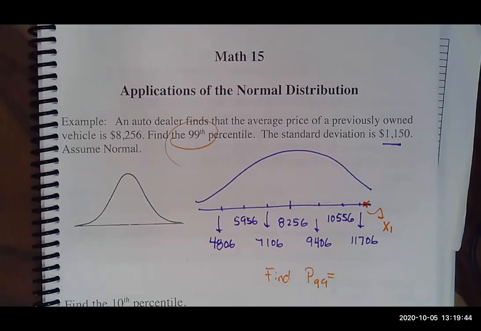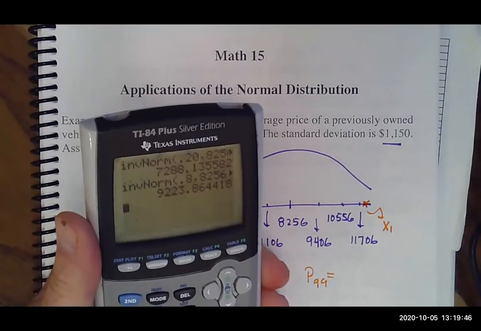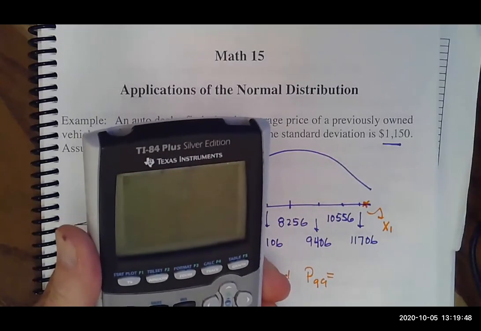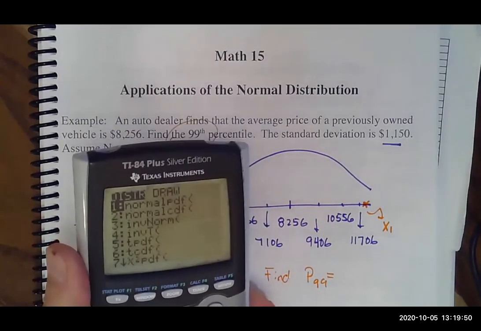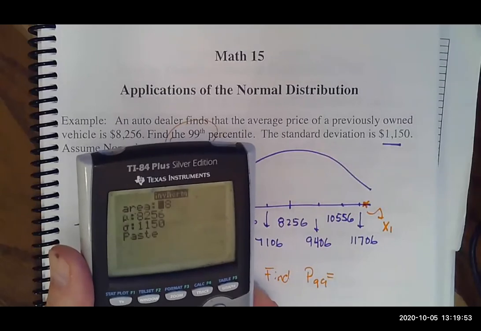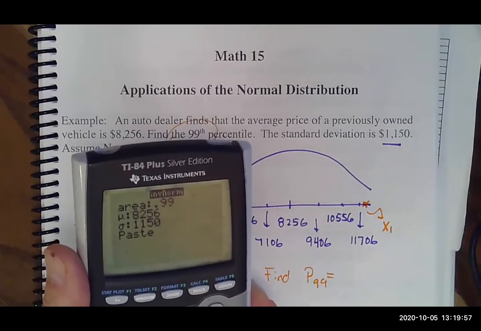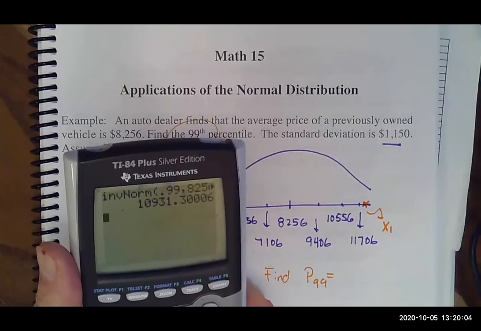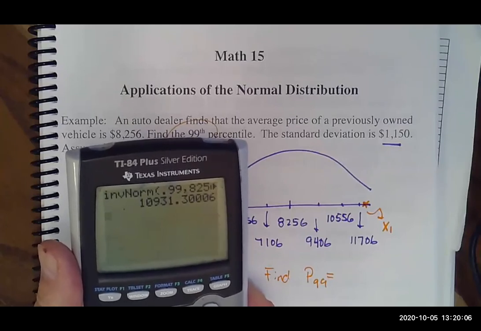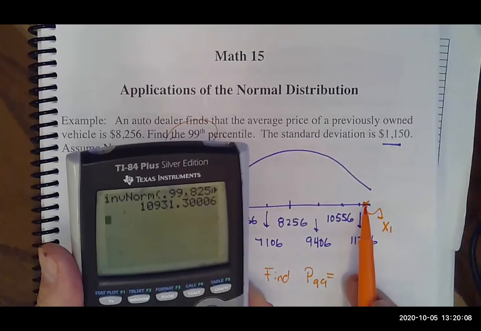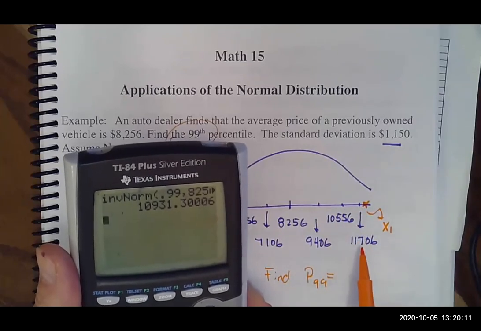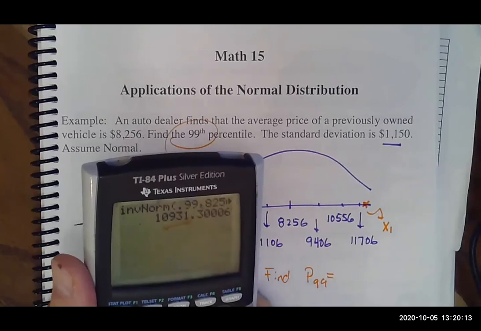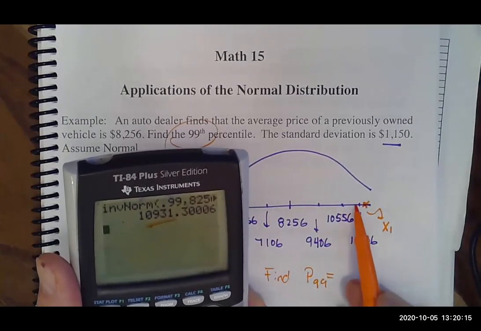So what I'm going to do is find out exactly where it is when I do inverse norm. Second distribution, inverse norm, 0.99. 10, 9, 3, 1. Okay, I'm on the wrong side of this number. You see that? 10,931 should be over here.